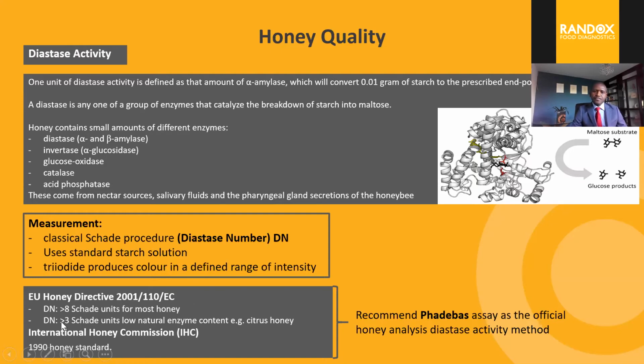It defines that Schade units should be higher than 3 for natural enzyme content, e.g. citrus honey, and it should be more than 8 for most honeys.